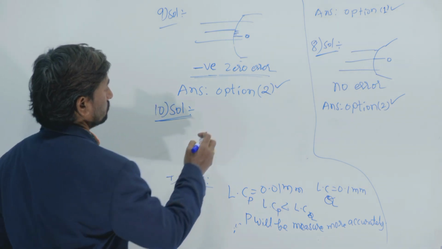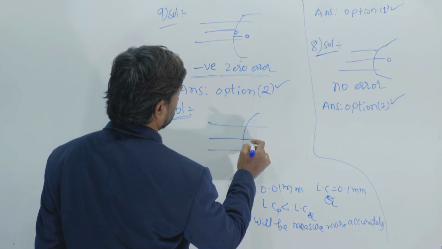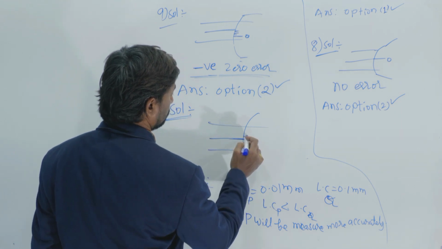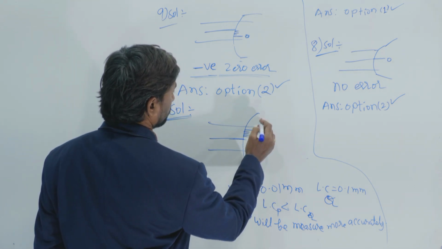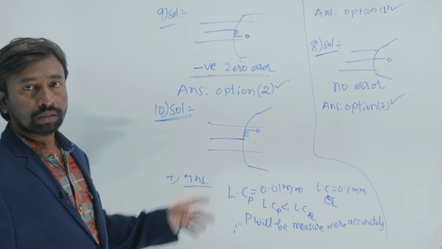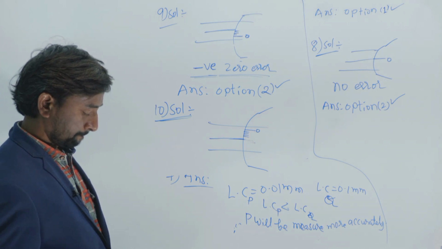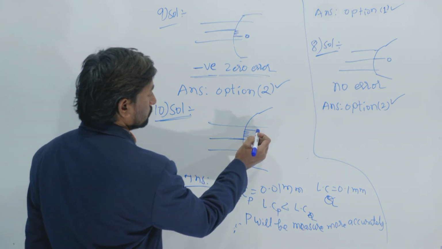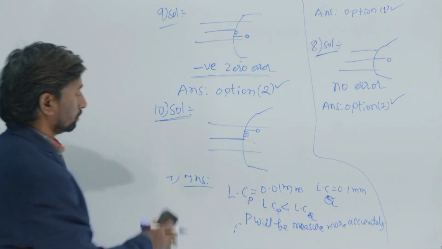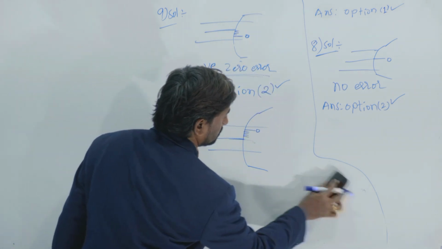So it is like this, this is the baseline of the pitch scale, and if the zero division of the circular scale is above it, then it is said to be the positive zero error.